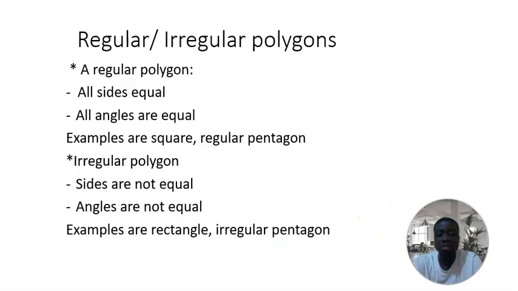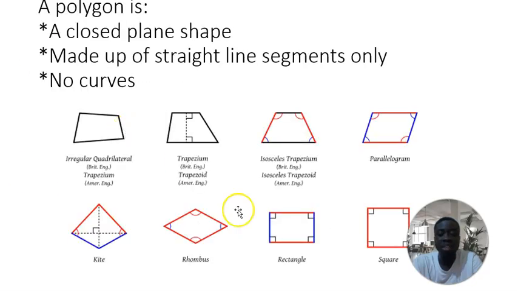Now let's continue. We come to the irregular polygon. It is the opposite of regular, so the sides are not equal and the angles are also not equal. An example is a rectangle. When we go back here, you see a rectangle.